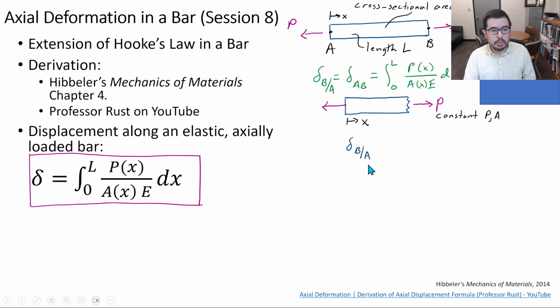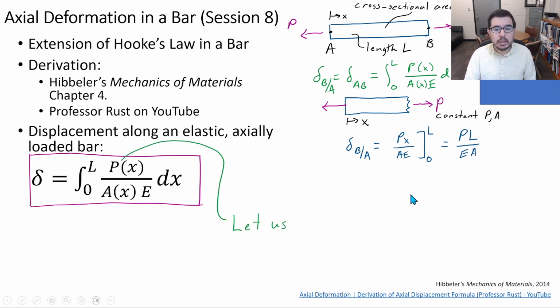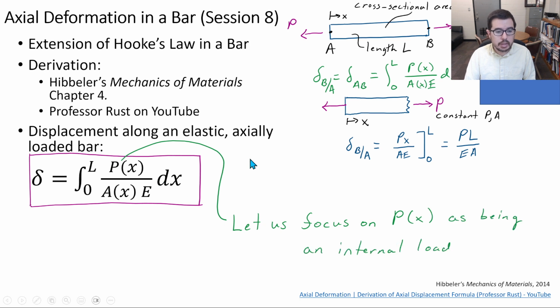So if I'm thinking about the change in distance between B and A here, the displacement between them, we integrate this equation out with a constant P and a constant A, and we get PL over EA. And if we are doing this carefully, we should make sure that this is the internal load, but often we just think of it as the external load.